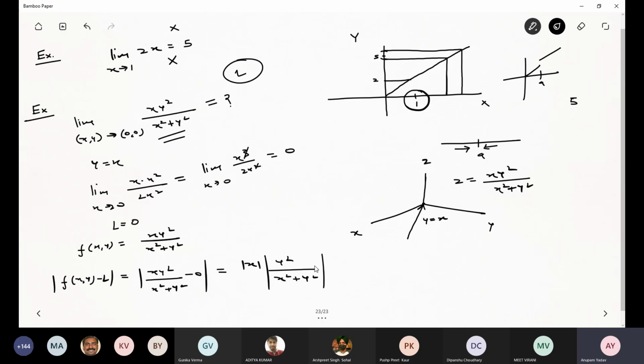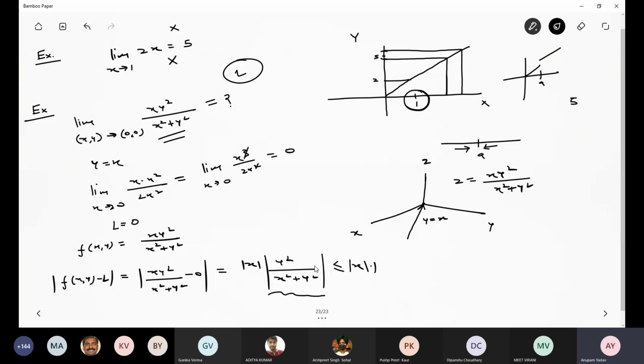And if you carefully see, this quantity, this one, is less than or equal to 1. In case x is 0 it will be 1, or if x is any non-zero value, then it will be less than or equal to 1. So we can carefully write this is less than or equal to mod x into 1.